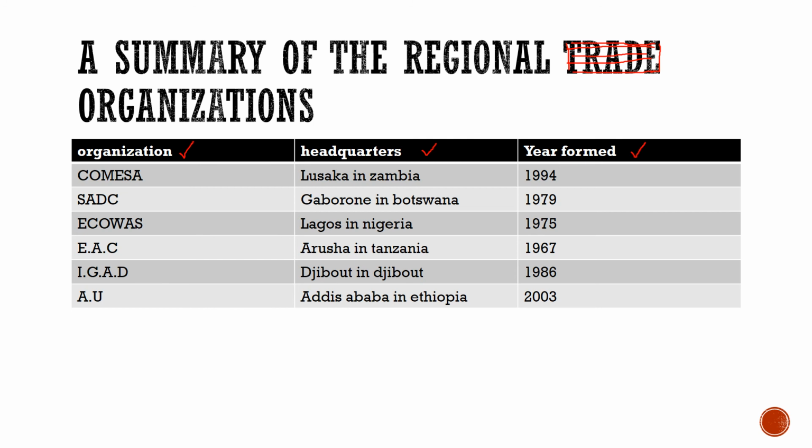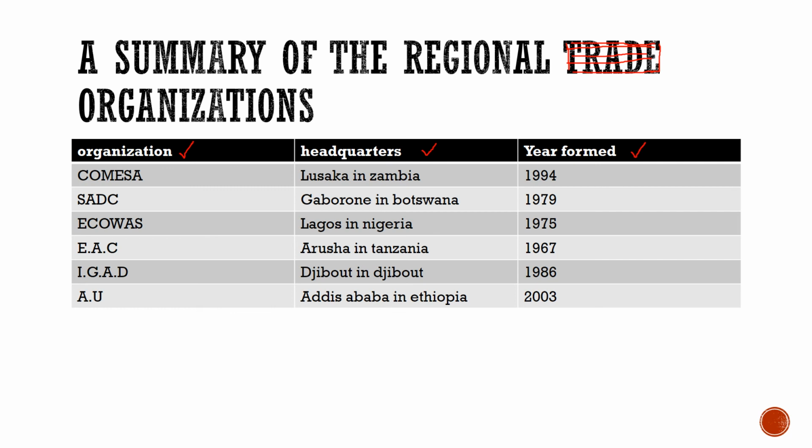Number 1 is COMESA, which stands for Common Market for Eastern and Southern Africa. The headquarters of COMESA are found in Lusaka, Zambia. Number 2, I have SADC, which stands for Southern Africa Development Community, and the headquarters are found in Gaborone, Botswana, and it was formed in the year 1979.